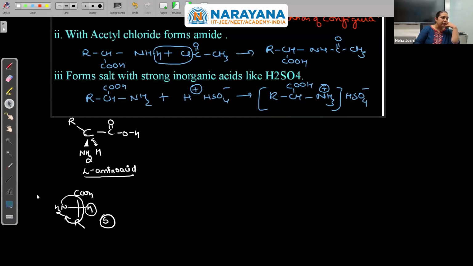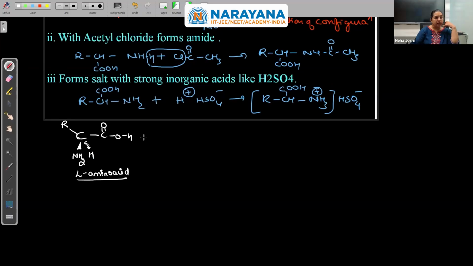Now for this L amino acid, you will check how this reaction is taking place. NaNO2 plus HCl, NO plus attacks. So RCH with N2 plus, the diazonium, is formed, H, COOH.